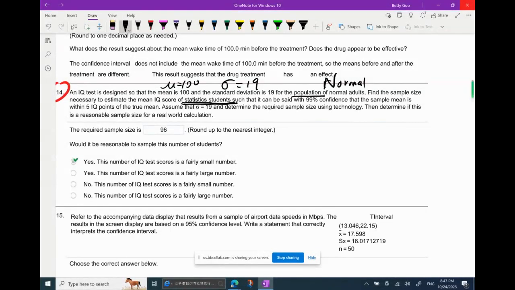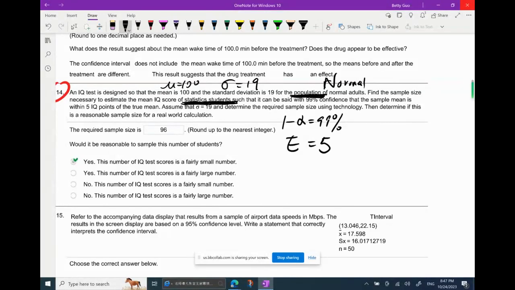The population is different, right? I think this population is for all the people, and this is the population mean we are trying to estimate. That population is all the statistics students, such that it can be said with 99%, so 1 minus alpha is 99%, confidence that the sample mean is within 5 IQ points. So that means E, the margin of error, is 5.